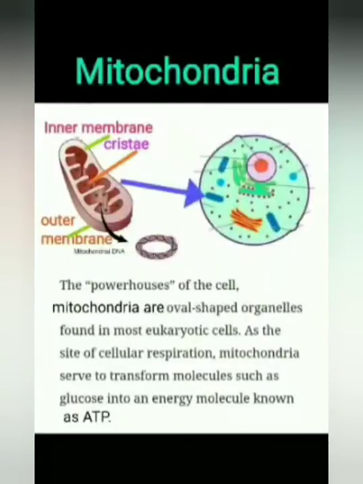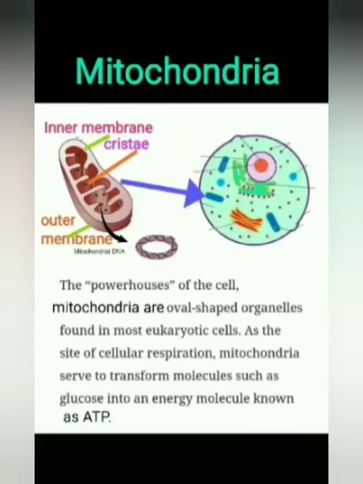Mitochondria. The mitochondria are oval-shaped tiny bodies. Each mitochondria is bounded by a double membrane envelope. The outer membrane is porous and the inner membrane is thrown into folds. The mitochondria contain ribosome, DNA particles and matrix.